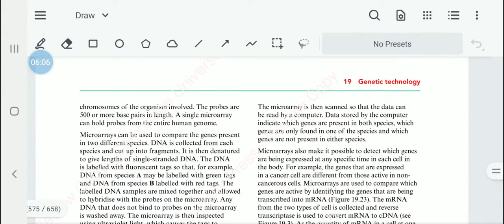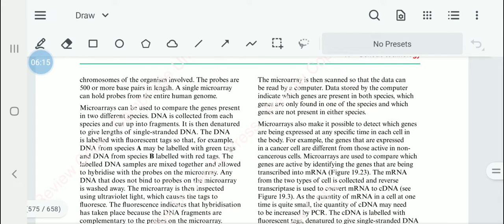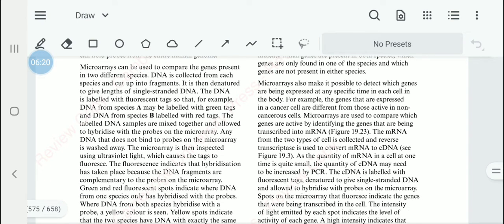Then this microarray would be scanned with a computer, and the data would be stored by the computer, and we can compare them, and it will give us the data that we require. Microarrays not only allow us to compare the genes, but also allow us to see which genes are expressed at any specific time in each cell in the body.